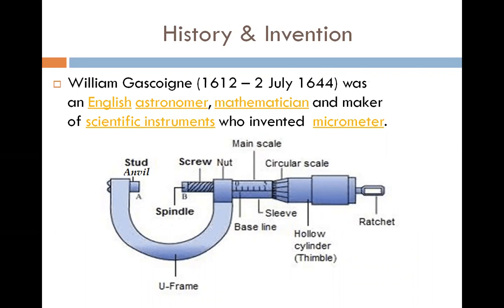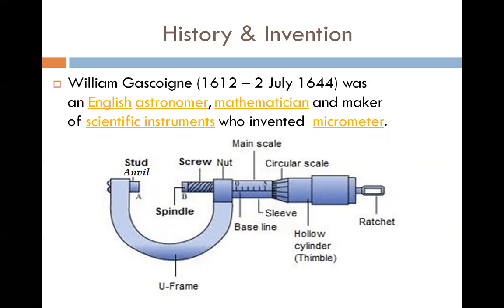Many of you must be knowing that this particular apparatus was designed by William Gascoigne. Basically, he was an astronomer, and during his viewing of the sky in the telescope, he was not able to capture some of the dimensions.